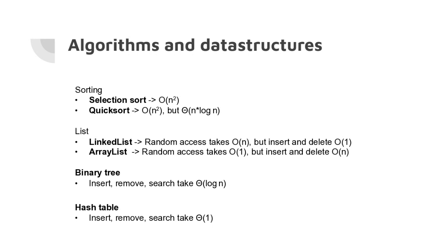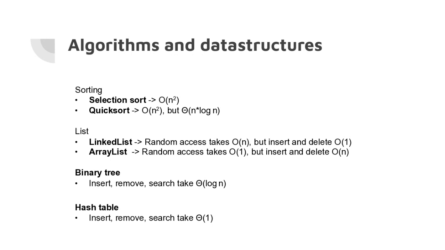If you delete the second element, that means the elements at the third, fourth, and so on positions have to be moved one place to the left. Insert and delete follow the same rationale, so insert and delete take an amount of time that's linear in the input.